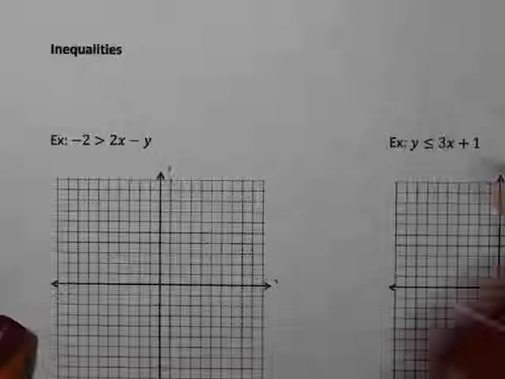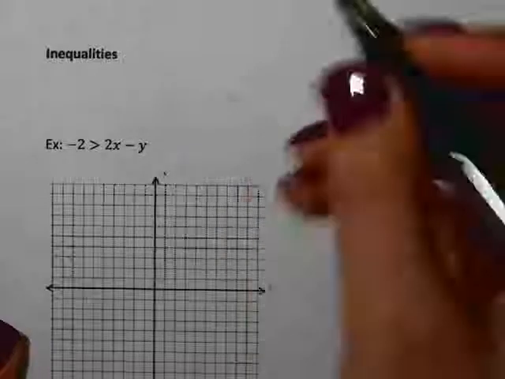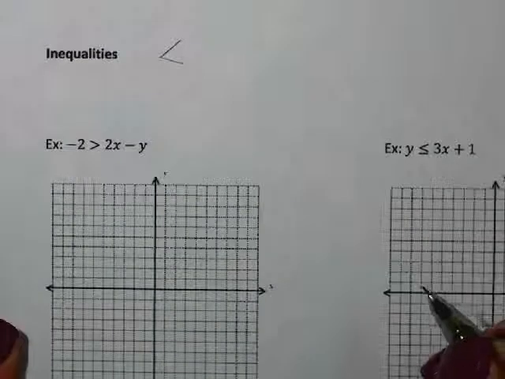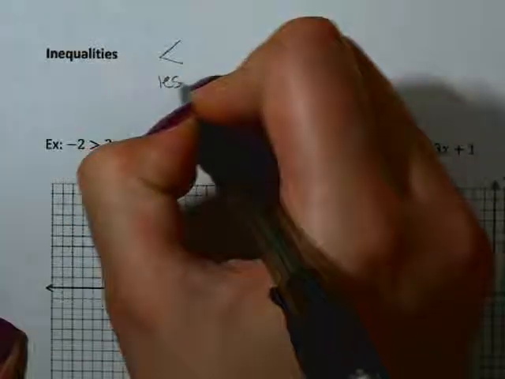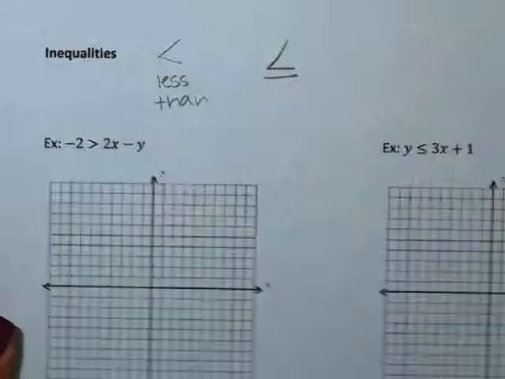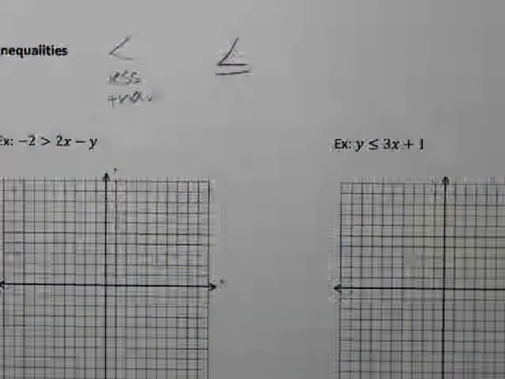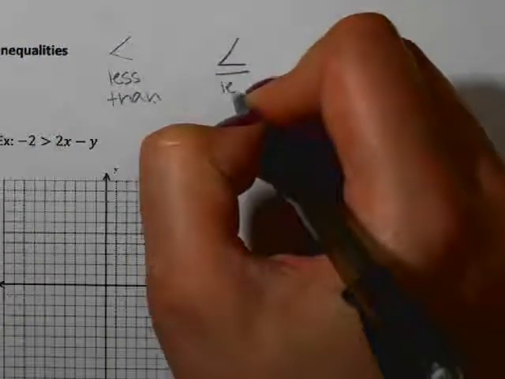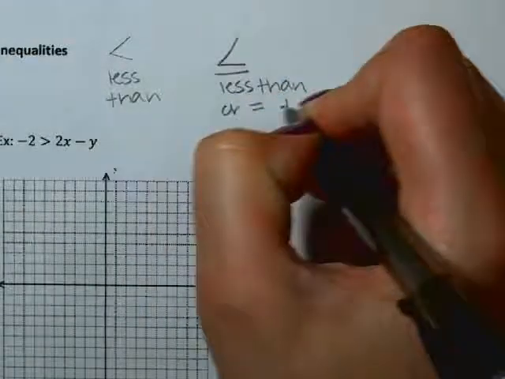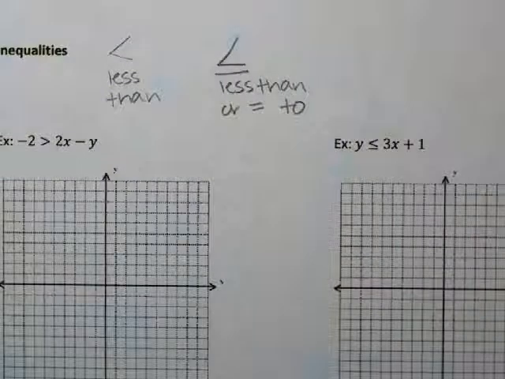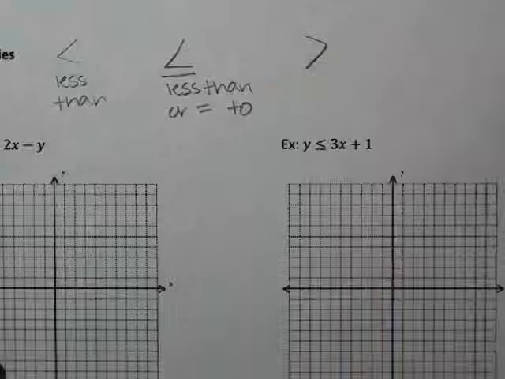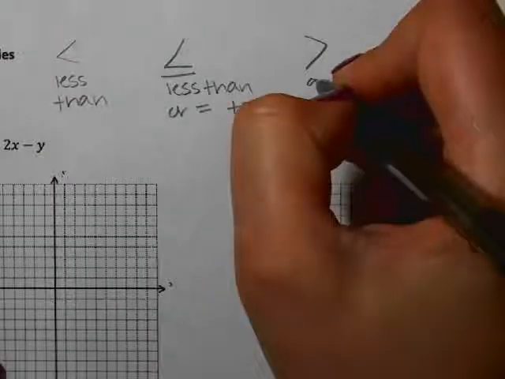Okay, so we're going to write the inequality symbols out just in case you have forgotten them. So this symbol means less than. This symbol means less than or equal to. Good. Less than or equal to. This symbol means greater than.